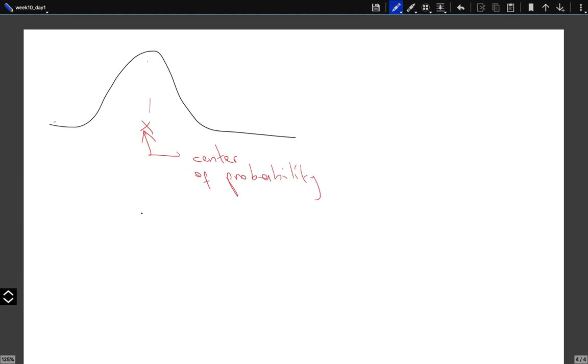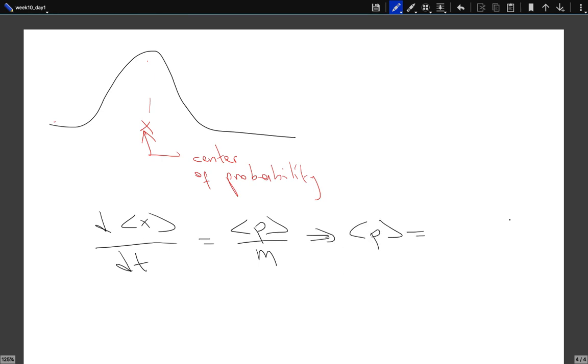We will come to this point later on. But let's say you calculate how the expectation value of the position changes as a function of time. What you will find is that the expectation value of P over M, or the expectation value of P, will be just M times the time dependence of the expectation value of position.